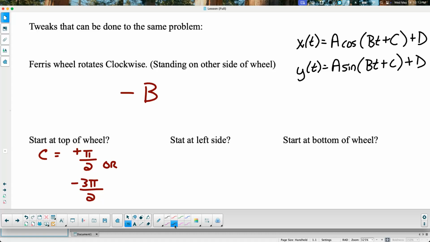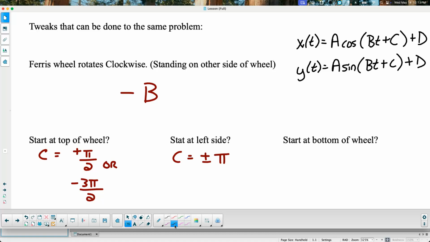If we want to start on the left side, our C value would be positive or negative pi.